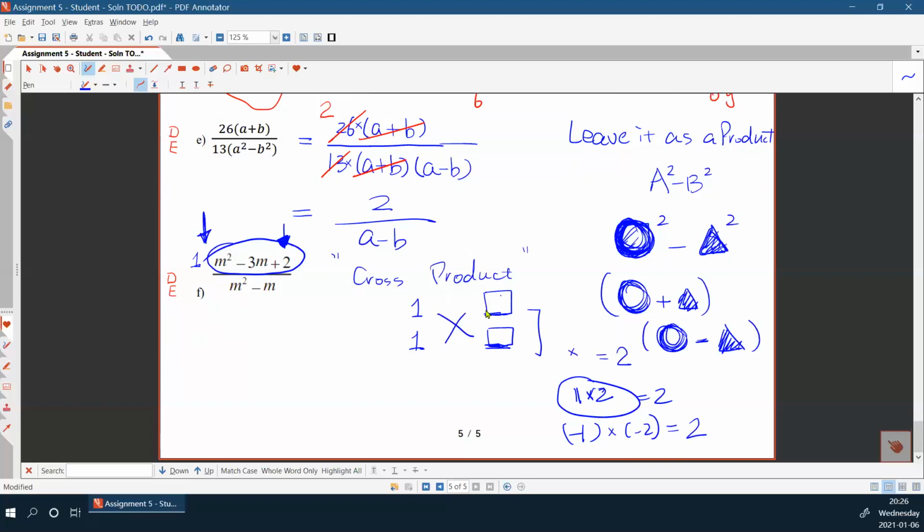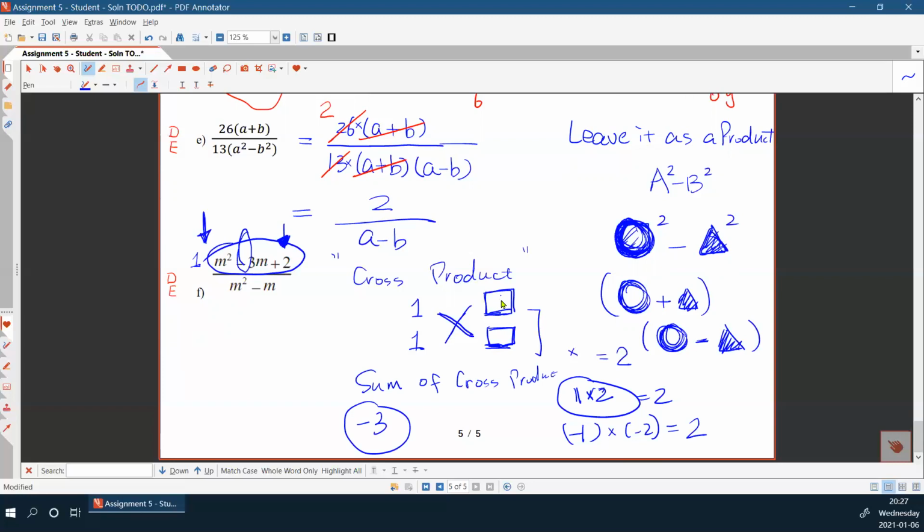So how do we decide this number? We also should make the sum of the cross product equal to the coefficient in the middle, which is -3.